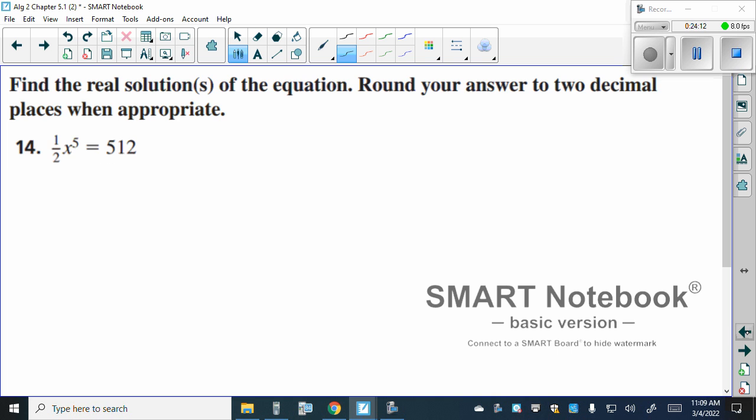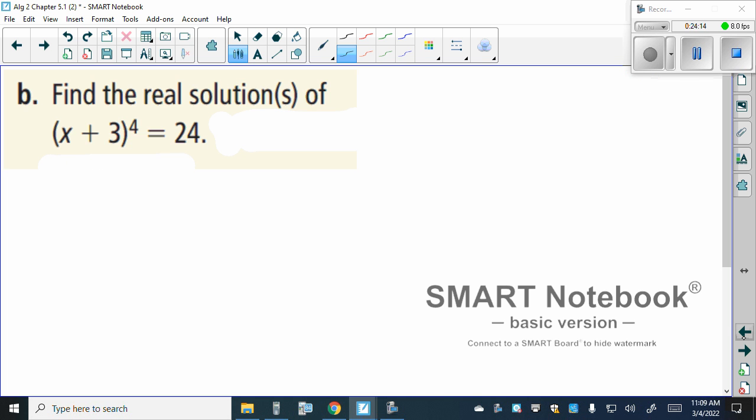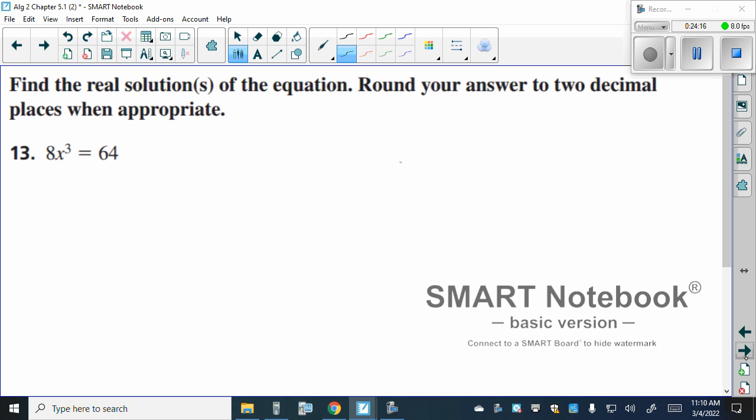Do we feel comfortable with ones like this here, where we don't have parentheses? Okay. No. I want to look at this one. Because the others aren't really any different, even with a fraction in front, where you can just divide by 1/2 or multiply both sides by 2, the reciprocal of that fraction.